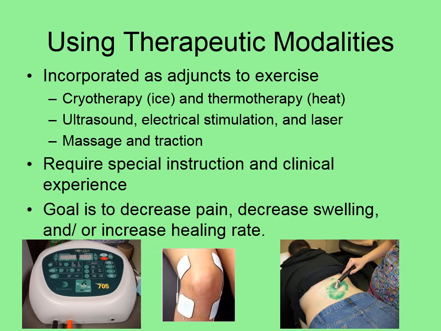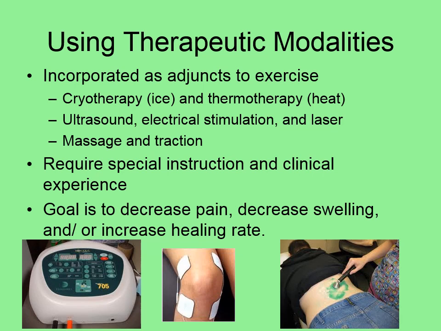Having said that, modalities are nice for pain control and things like decrease in swelling, and we can increase the healing rate a bit with these. But we're using these therapeutic modalities as an adjunct to exercise, so it's an additional thing that we can do to help. We do like to use cryotherapy or ice and thermotherapy or heat for pain control and things like that.